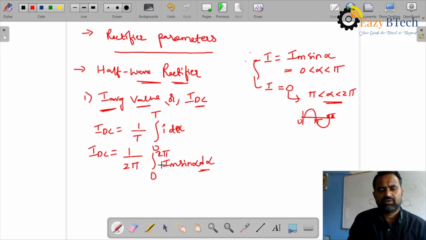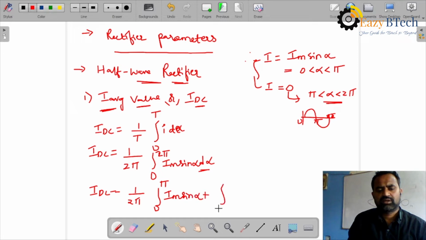If you substitute the interval, IDC is equal to 1 by 2 pi integral 0 to pi of Im sin alpha, plus the integral from pi to 2 pi.